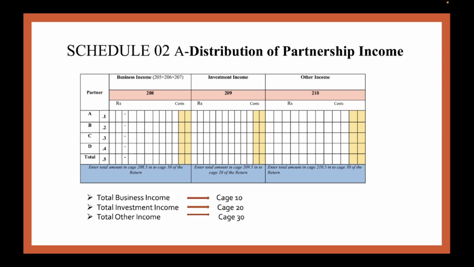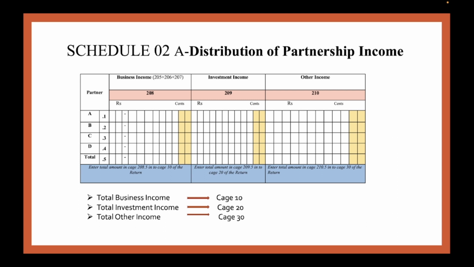For example, suppose that you have a 20 million investment income for the period and also a 10 million business loss. You have to deduct the 10 million loss from the 20 million investment income and carry the balance 10 million investment income to the cage 20 of the return.